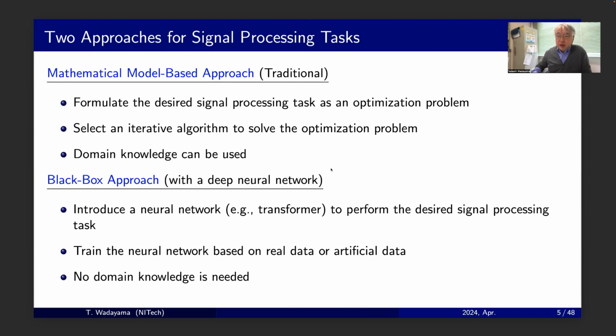As mentioned, the lower part, although powerful, the black box approach requires a large amount of training data. This is a drawback of the neural network approach. And also, no domain knowledge can be used.